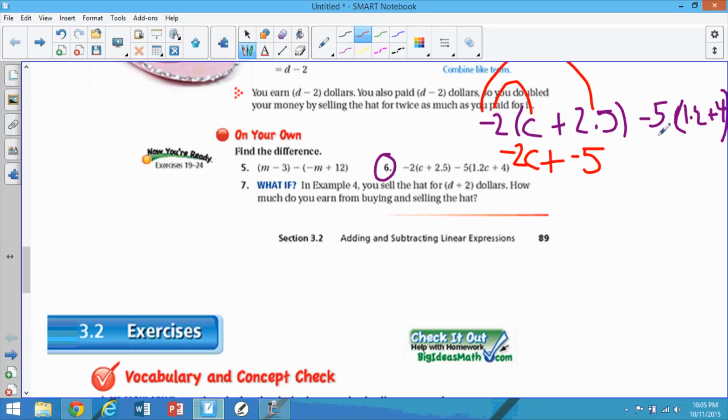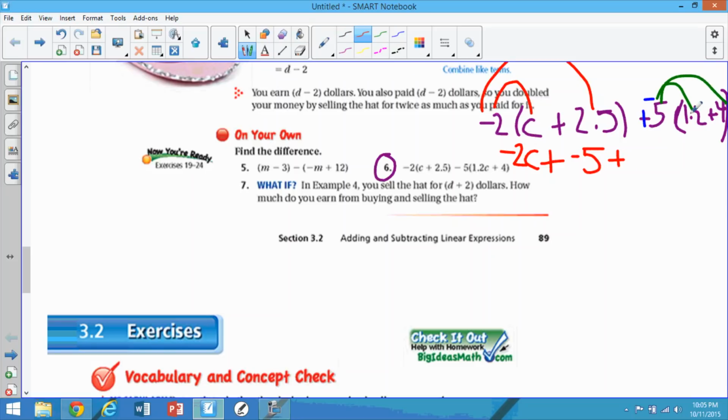Okay, now the second part, you have to turn this minus into plus the opposite. So I'm going to do that and make this plus a -5. And then I'm going to distribute it. Again, you would go -5 over the 1.2c and the -5 over the 4.